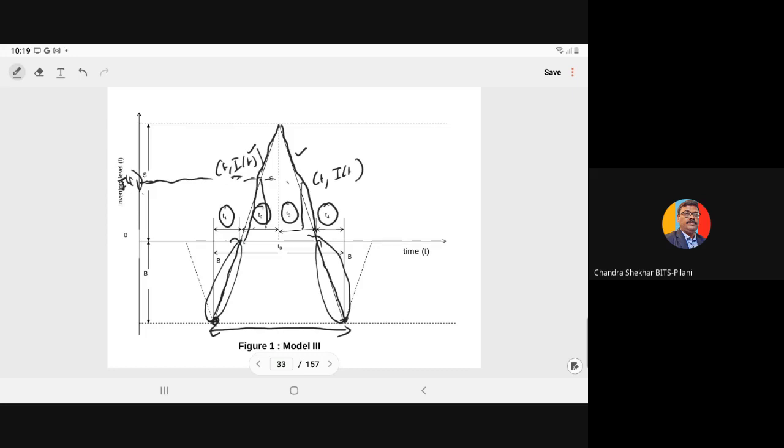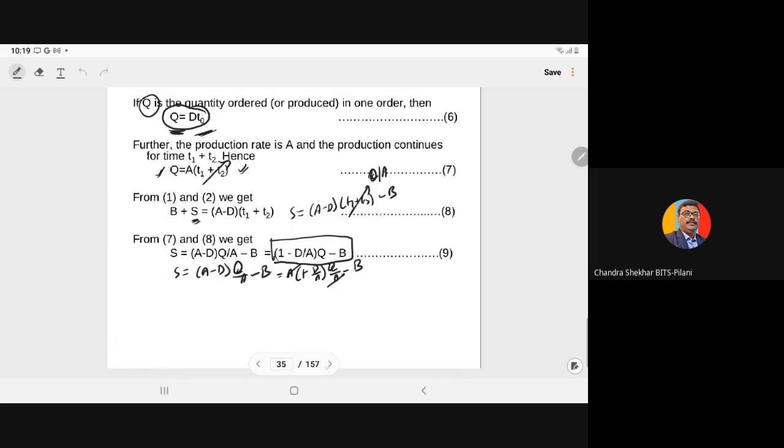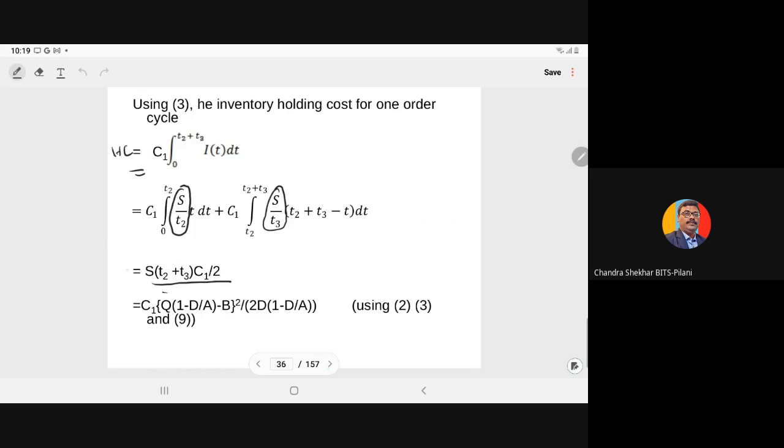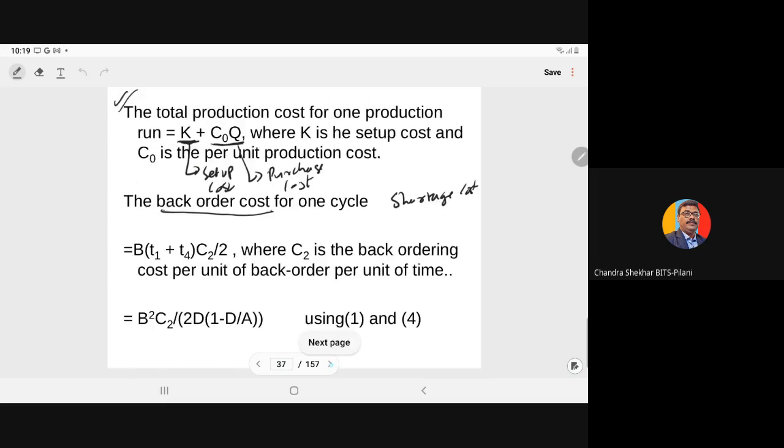Instead of S, here we have B. Using the same methodology, the holding cost comes as S into (T2 plus T3) into C1 upon 2. In a similar fashion, it will come as B into (T1 plus T4) into C2 upon 2, where C2 is the unit shortage cost.